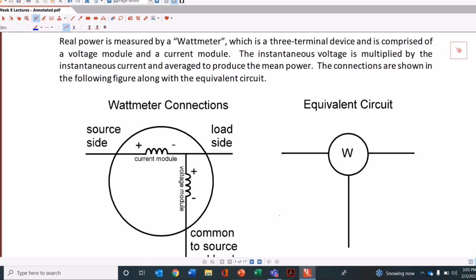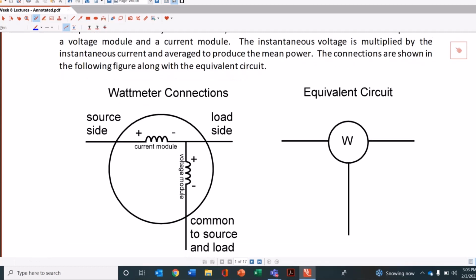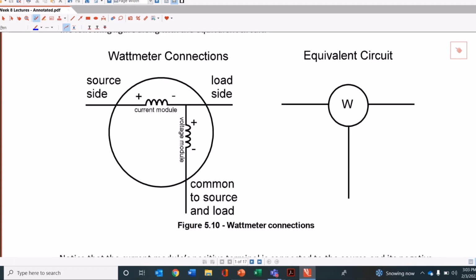So if you have a source and a load, you put the current module, which would be like an ammeter, in series with the source. And then you put a device that is like a voltmeter in parallel with the source and load. Then if you want the power, you just measure this current and voltage and you put them together in the wattmeter and it spits that out.